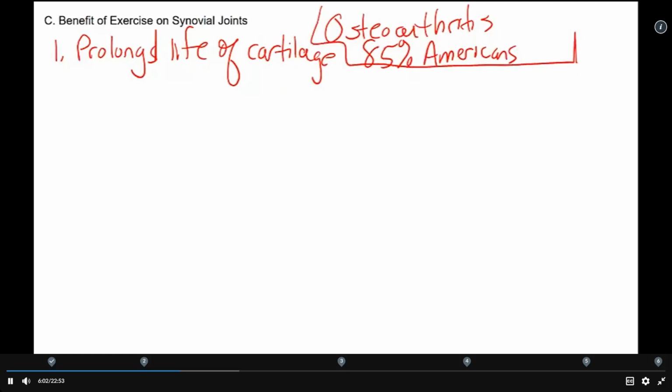It doesn't have any blood vessels. However, the chondrocytes and the lacuna need to stay alive, which means they need oxygen and nutrients. Well, the oxygen and nutrients is in the synovial fluid. So how do you get that into the cartilage? In addition, the chondrocytes produce waste and carbon dioxide that they need to get rid of.